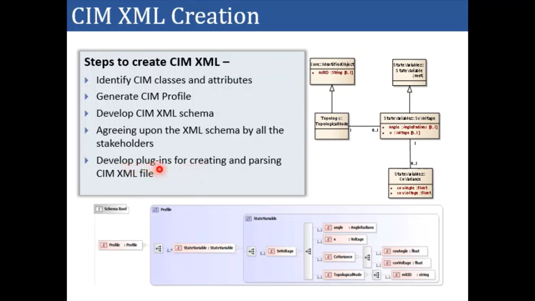So this plugin will help in creating and parsing the SIM XML file. One such XML schema is shown pictorially in this figure, where these are the various tags in which a particular data will be pegged.